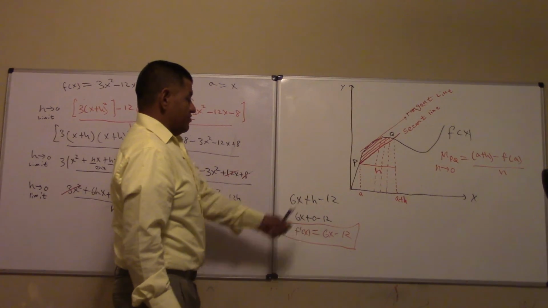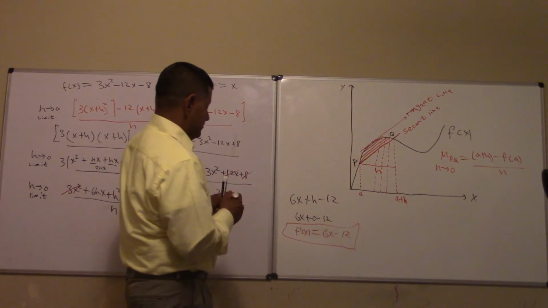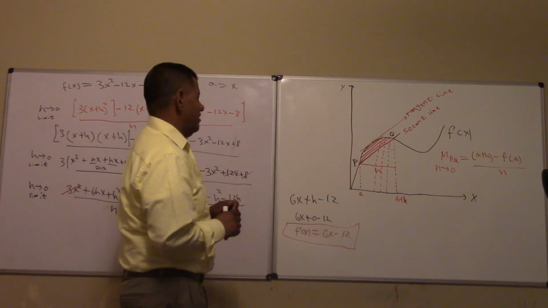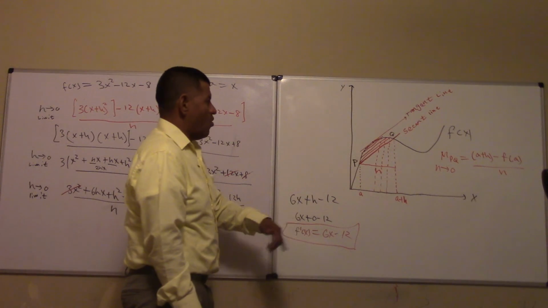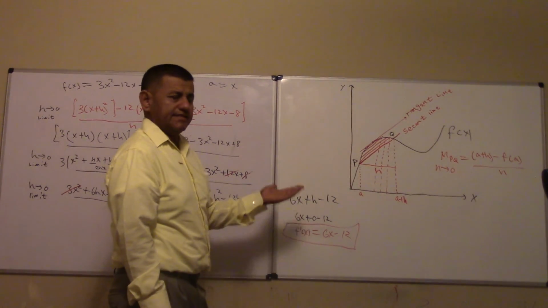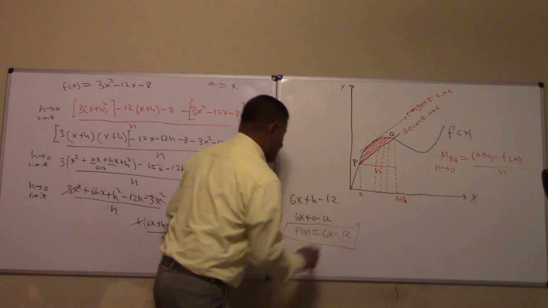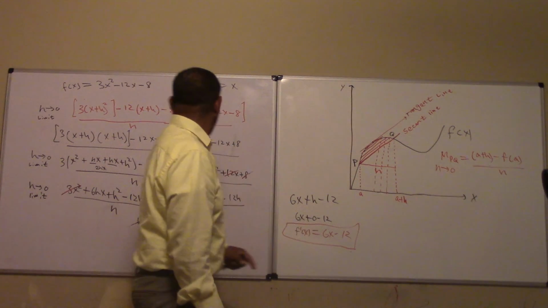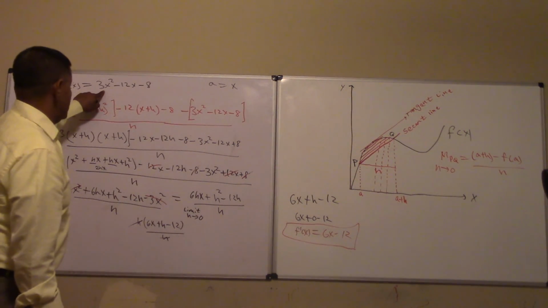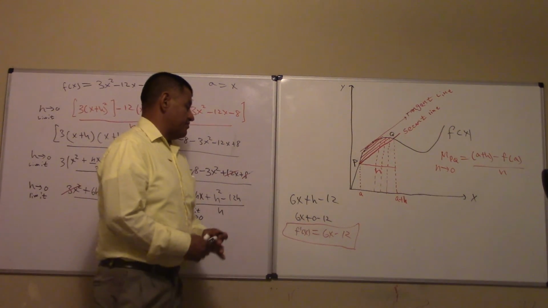F prime is the derivative. Eventually I will explain why it's called f prime and why another notation, dy dx, is the same thing. So that is the slope of this function using the definition of the derivative.